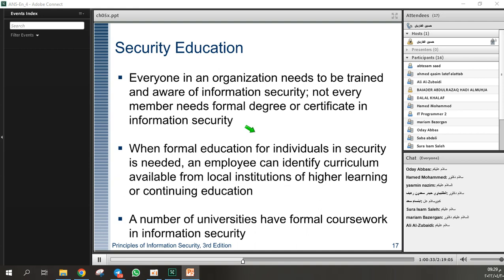It's a formal course, and you can use this course in your work. So I can say this course is a part of security education in your organization.